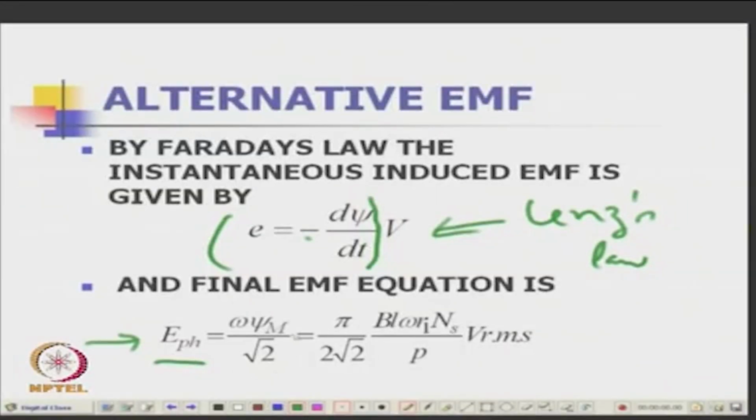The voltage per phase is omega into psi by root 2, whatever the maximum is, where B is the peak flux density, omega is the speed, and N s is the number of turns.